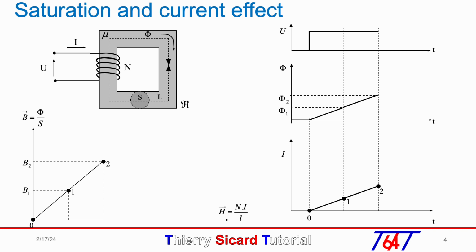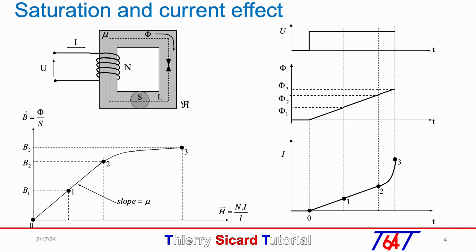If the magnetic circuit starts to saturate between the B value B2 and B3, as the input voltage forces a linear increase of B from B2 to B3, the current will increase much more to reach B3 value because of the magnetic circuit saturation.